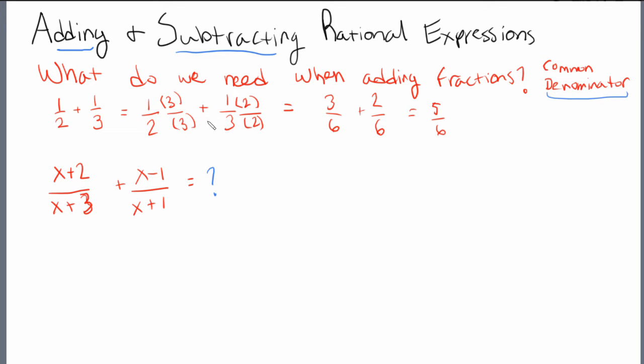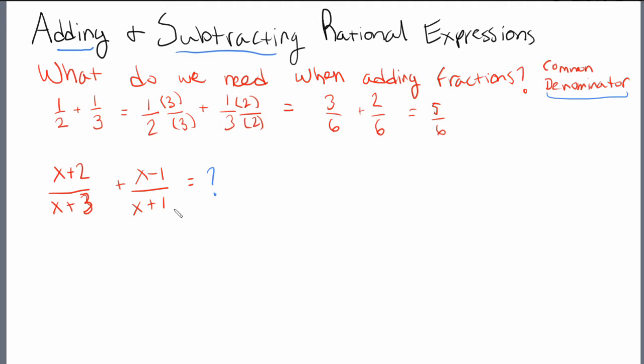So not changing anything. And what we're going to do when we have something a little more complicated, like this, is basically do the same thing. If I look at these two expressions, x plus 2 over x plus 3, and x minus 1 over x plus 1, they don't have the same denominator.